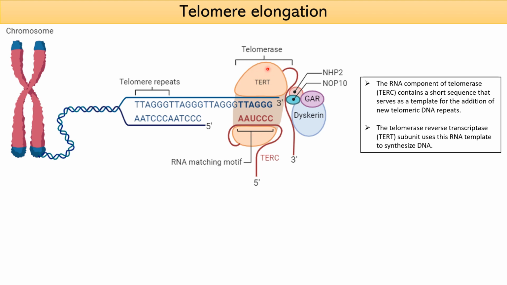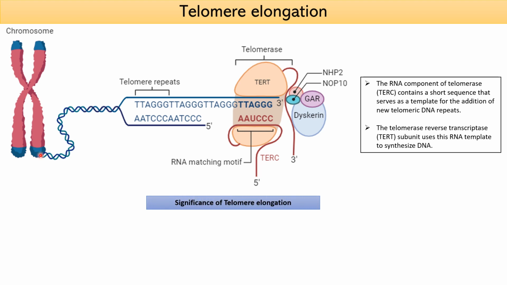Then it has this other component, which is the telomerase reverse transcriptase, which allows the RNA template to be synthesized into DNA. So this complex of telomerase is what allows cancer cells to maintain the length of the telomere.